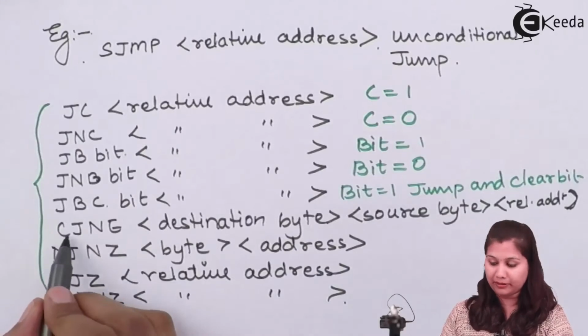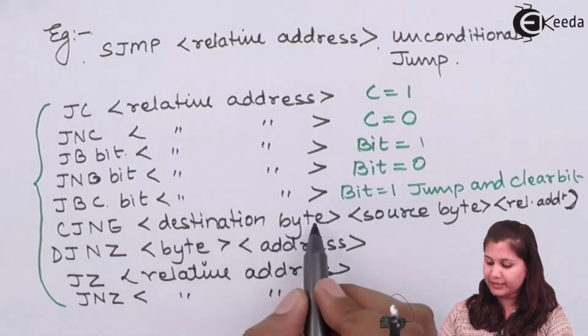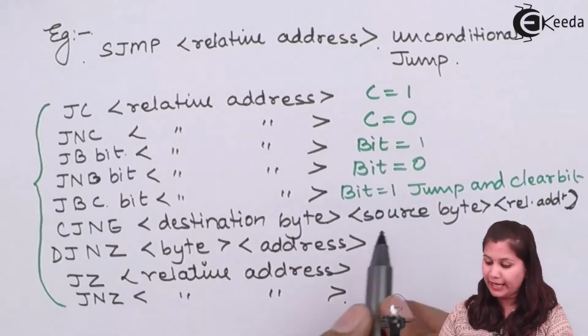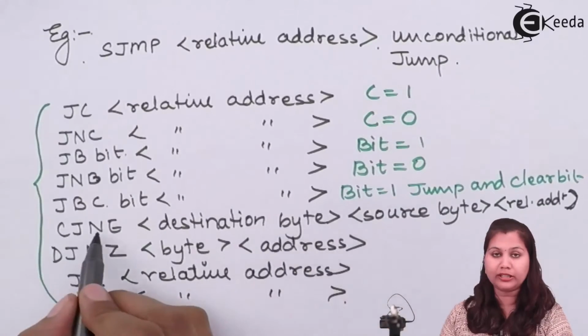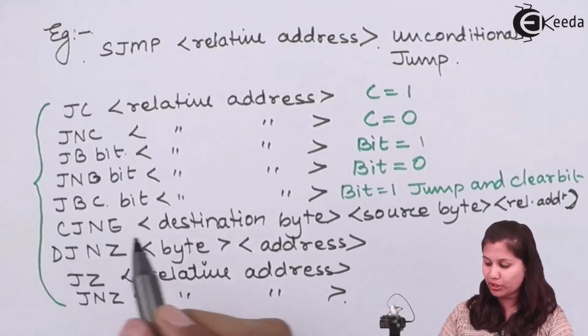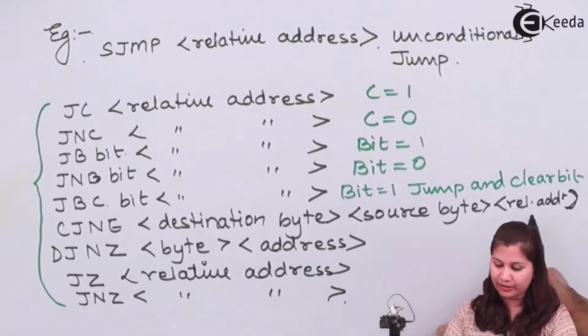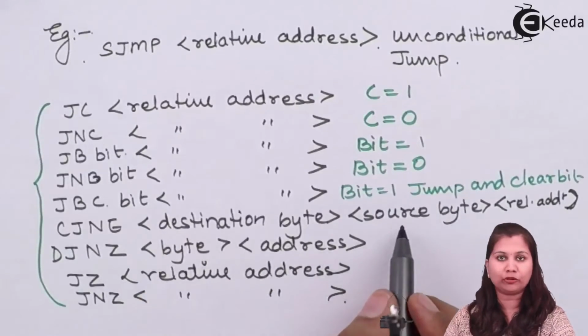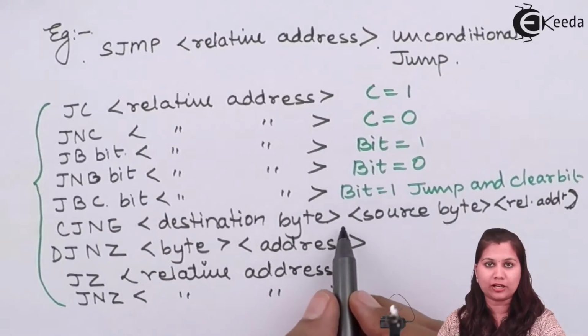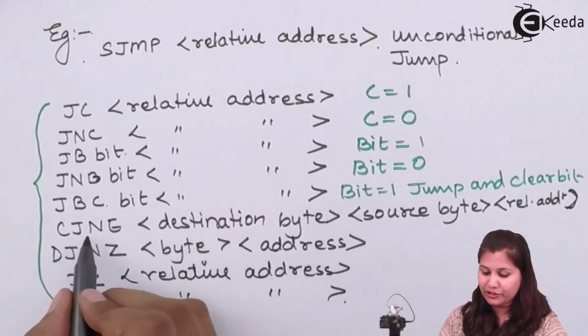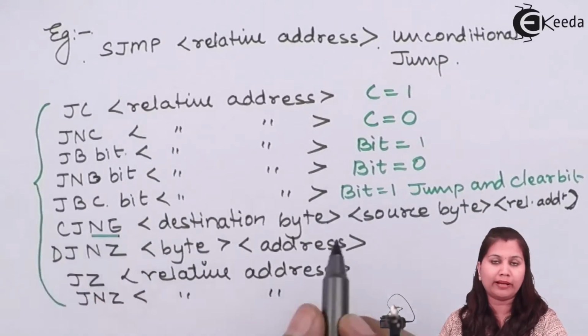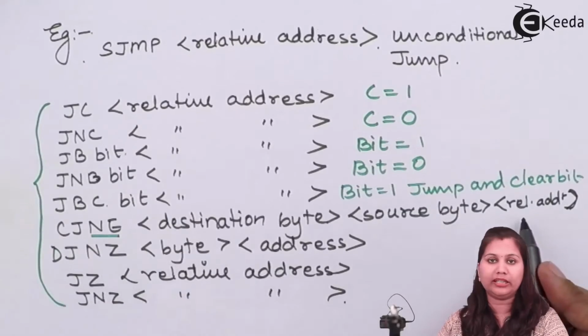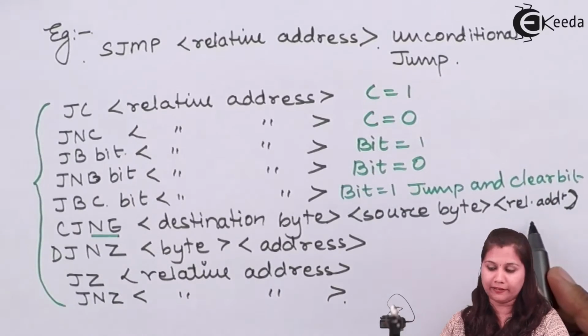CJNE means compare the 2 bytes, the destination byte and the source byte, and if these 2 bytes are not equal, only then you have to jump to the relative address. The 2 bytes which have to be compared are given in the instruction itself. So when the condition is satisfied that the 2 bytes are not equal, only then is it going to jump to the relative address.